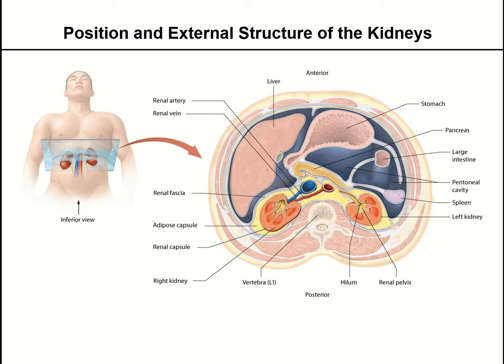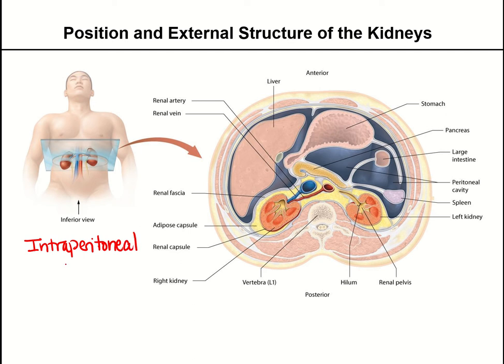The kidneys are retroperitoneal structures, and I think this cross-section does a good job of showing us, with this being the anterior view and this being the posterior view, that some of the structures that we saw in the digestive system are enclosed in this blue portion within the peritoneum, right? And so we call that intraperitoneal.